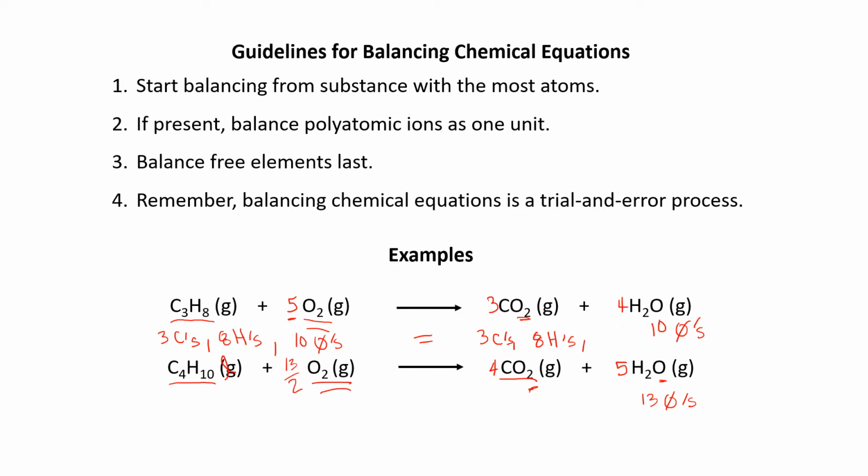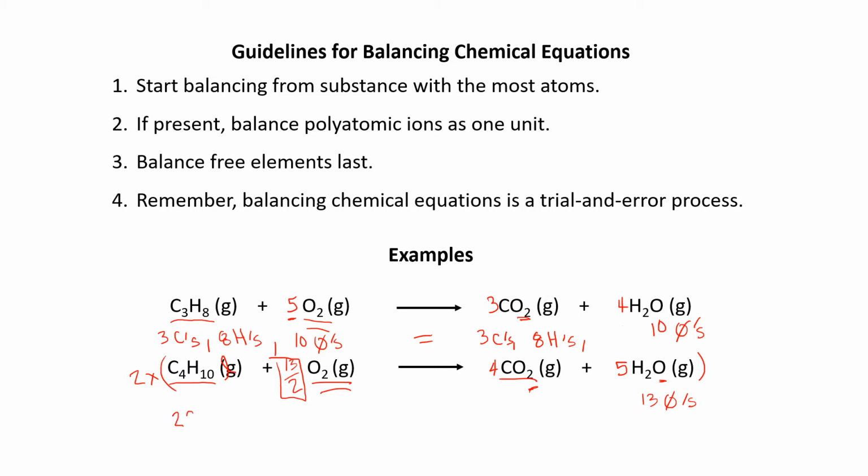But we don't like how this equation is written, this fractional form here. And so I need to get rid of that fraction. And so what I'll do is I'll multiply the entire chemical equation by 2. And when I do that, check this out.